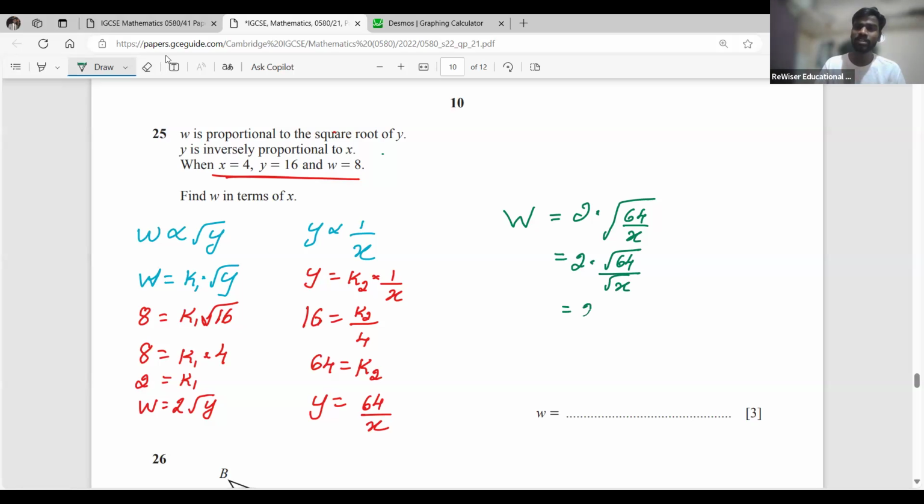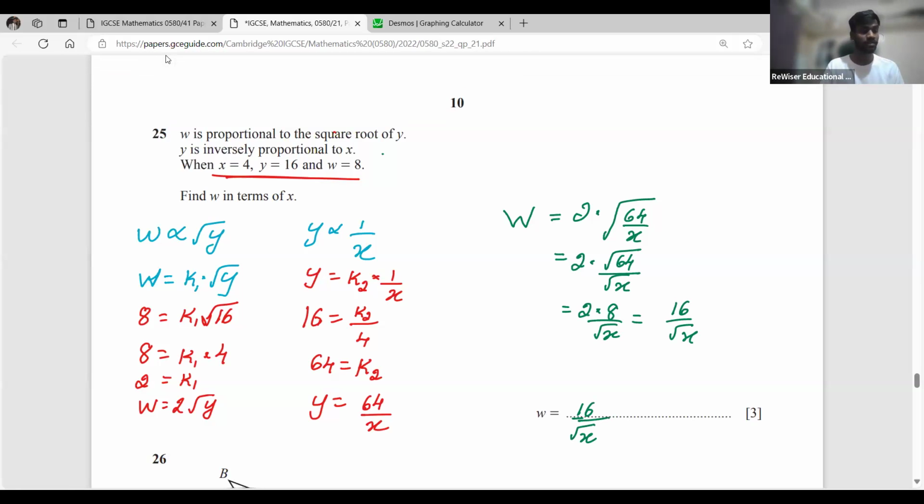The square root of 64 is 8, so this is 16 divided by the square root of x. So w equals 16 over the square root of x, and this is the right answer for question 25.